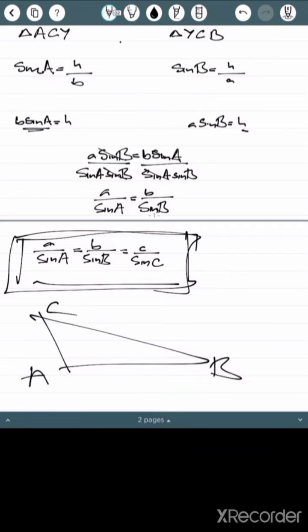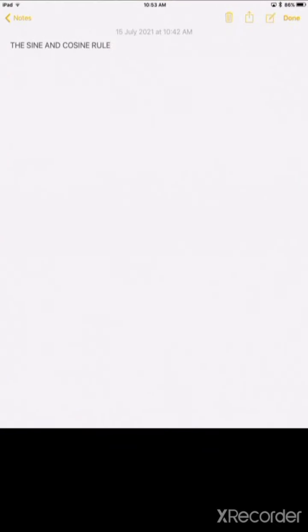So now let's look at the following. This rule, which is the sine rule, the question is where can it be applied? Where can we apply the sine rule?